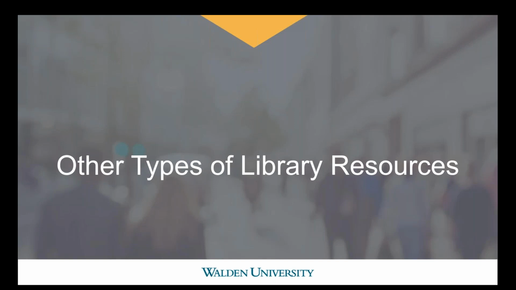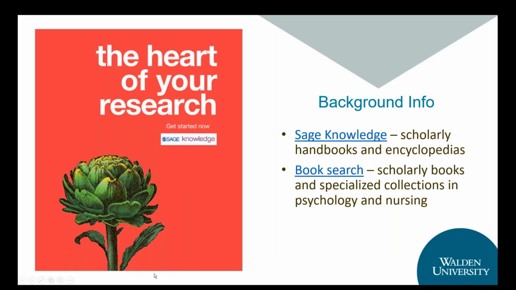Okay, so we're going to move on to other types of library resources. Some of this information may be new to you, and it's really helpful, again, when you're doing advanced library research, where you're not simply looking for just one or two peer-reviewed journal articles. One of the great things that we have in the library are encyclopedias and handbooks and books.